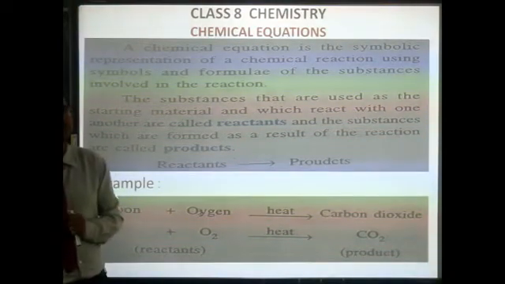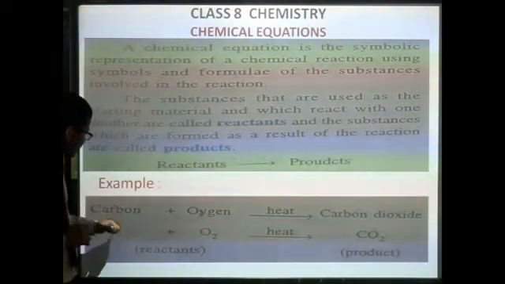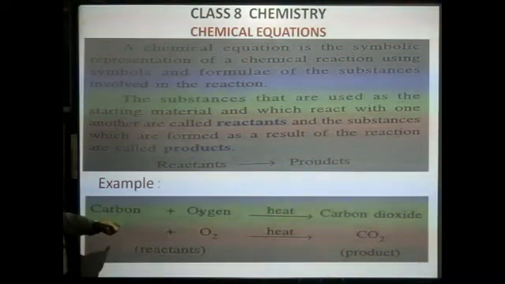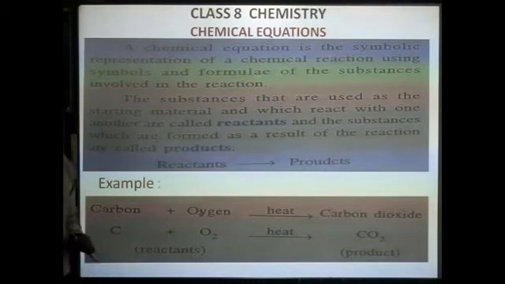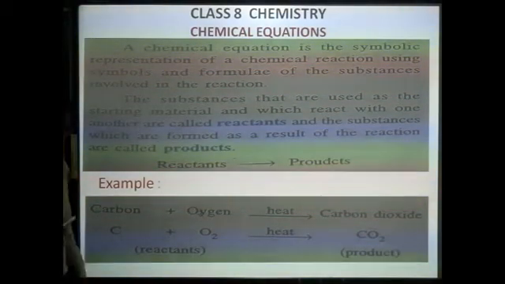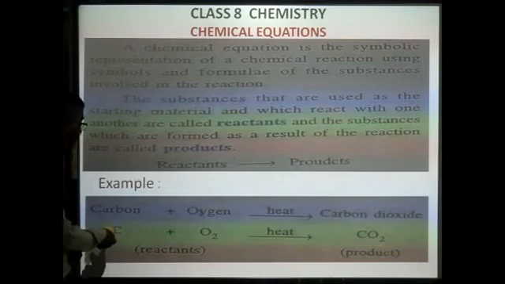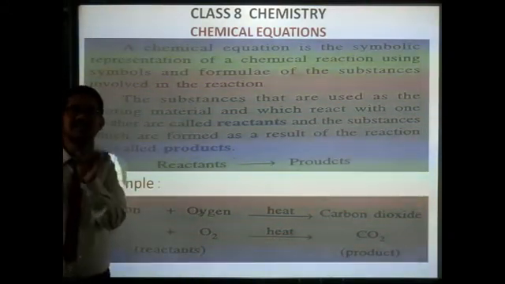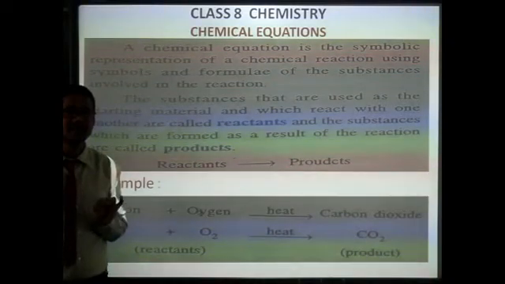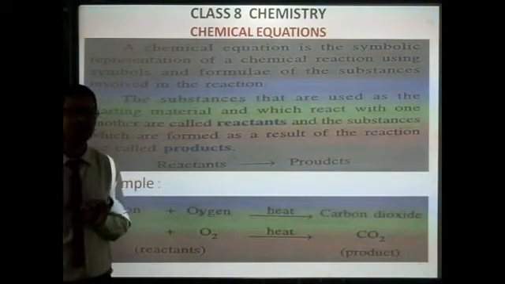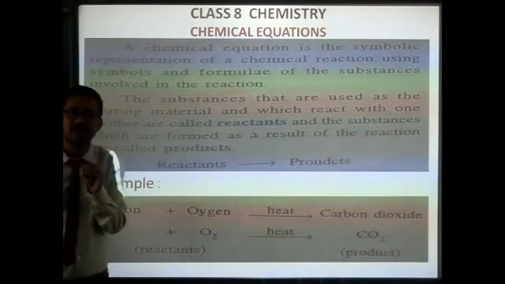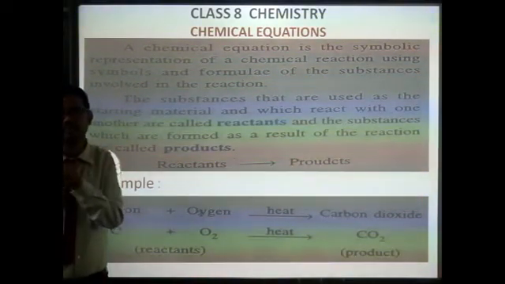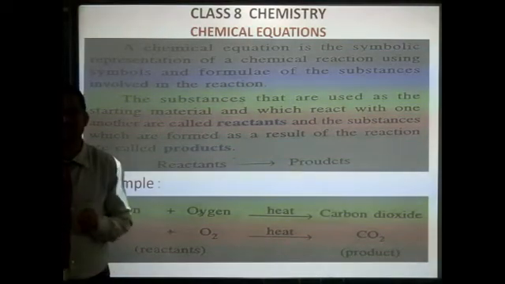So carbon is a monoatomic element, so its molecule has only one atom. So I am writing C only. Here O2. Why? Because oxygen is a diatomic element. And what are diatomic elements? Elements which have two atoms in their molecule.